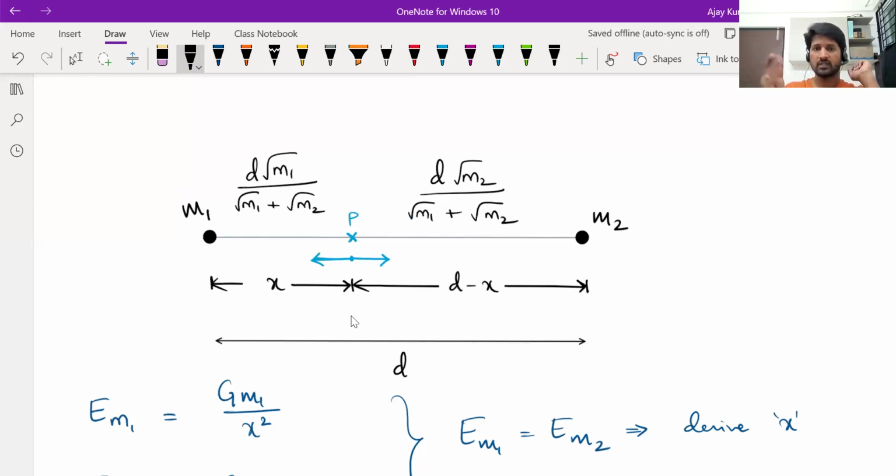So if you see the ratio now, it's easy to remember the ratio. Denominators are same, d is common. The ratio will be root m1 is to root m2. Ratio of square roots of the masses. And you can clearly understand that this has nothing to do with center of mass. Center of mass of 2 point masses divides the line joining them in the ratio m2 is to m1. This is nothing related to that. This is root m1 is to root m2.